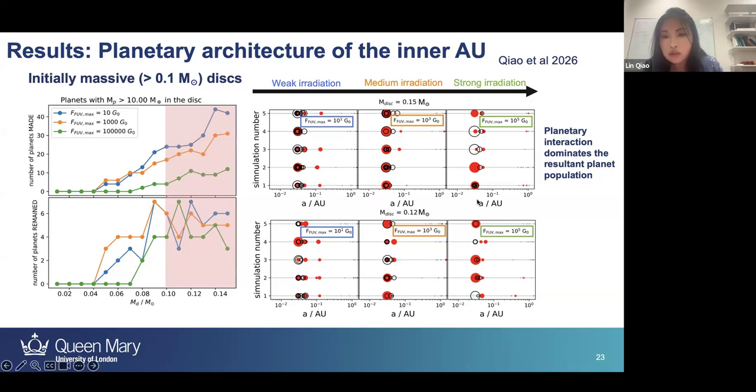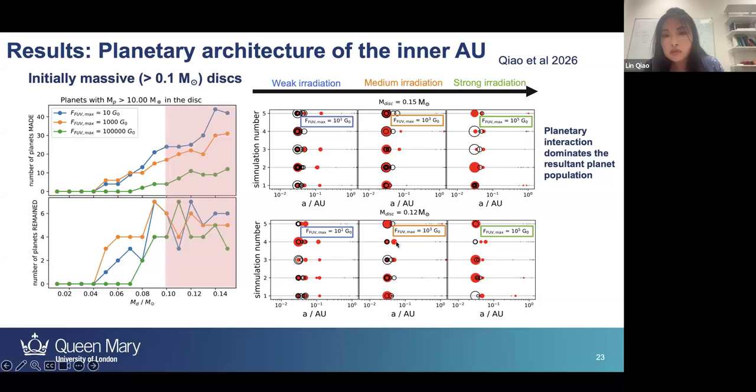The x-axis shows the final semi-major axis, and the size of the circles indicates the final planet mass. The black empty circles indicate the planets that are lost due to gravitational interactions, and the red solid circles indicate the planets that survived at the end of the simulation.